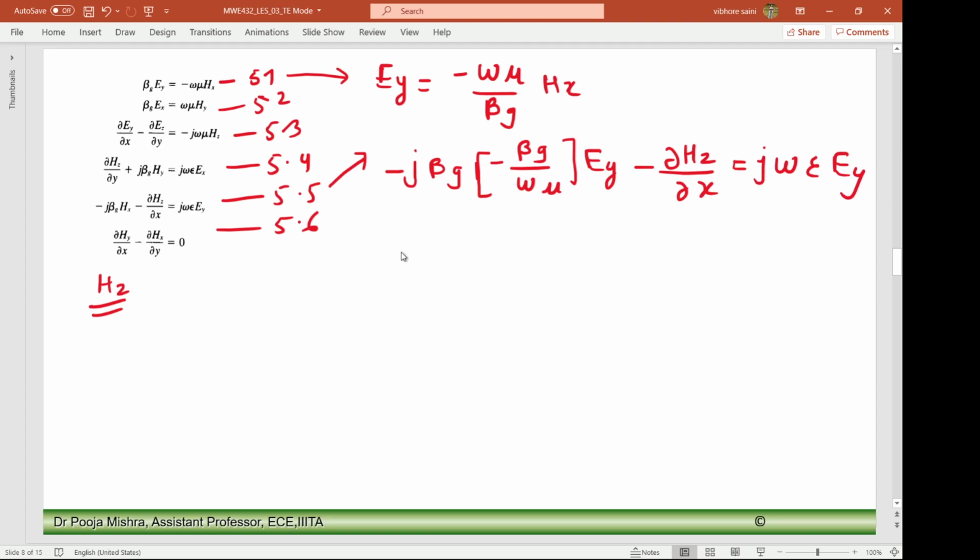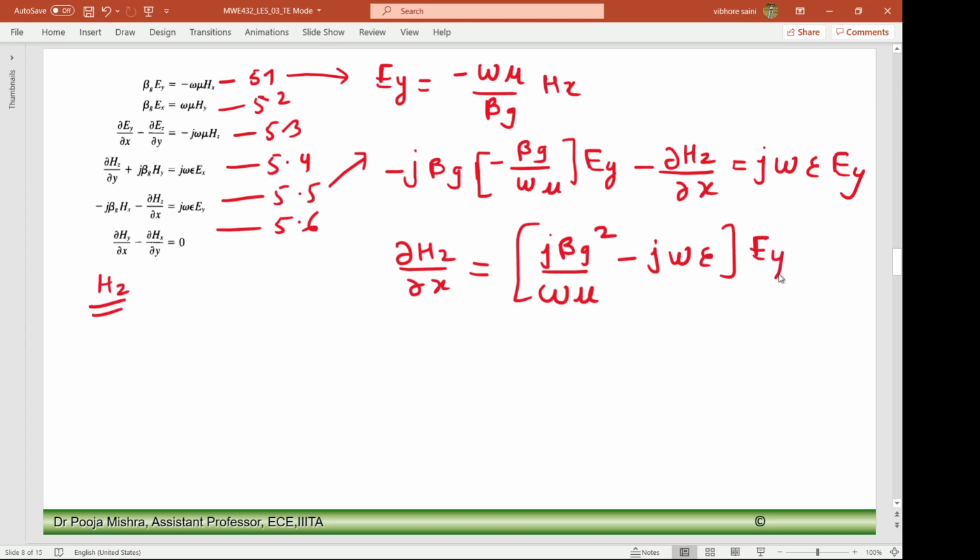So del Hz by del x is equal to j beta g square by omega mu minus j omega epsilon Ey. This is equal to j (beta g square minus omega square mu epsilon) divided by omega mu into Ey.